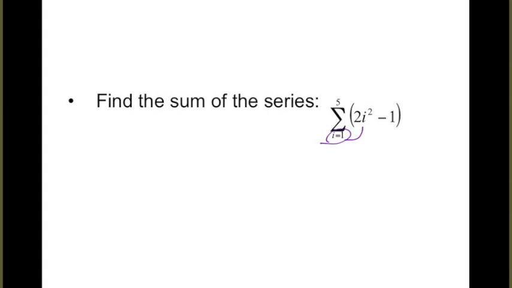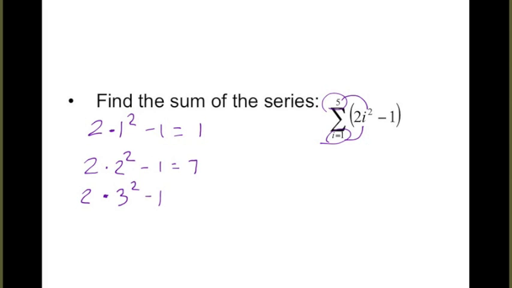Last one, we're going to start this one at 1. We're going to end it with 5. So 2 times 1 squared minus 1 is 1. 2 times 2 squared minus 1 is 7. 2 times 3 squared minus 1 is 17. 2 times 4 squared minus 1, 31. 2 times 5 squared minus 1, 49.